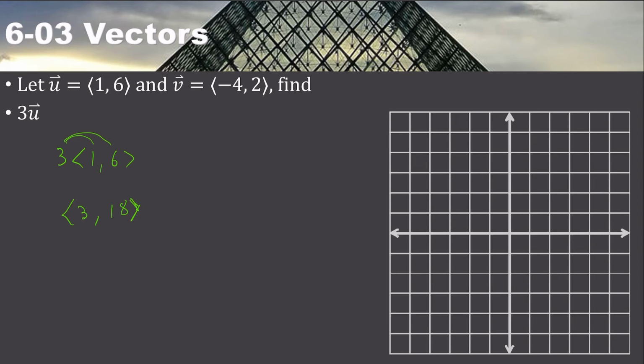So let's say we started here, and I went up 1 and over 6. So that would be vector u, and if I want 3 of them, I'd have 3 of them in one long line, which means I'd be going up 3 and over 18.